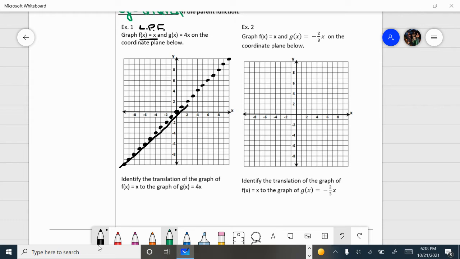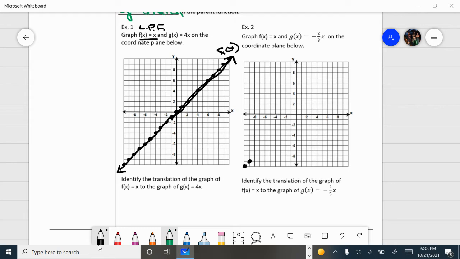I'm going to try to be a little more careful with my points here. Straight enough. Probably would have been straighter if I wasn't trying so hard. There we go. I'm going to put it over here on example 2 because we're going to want our parent function on there as well.